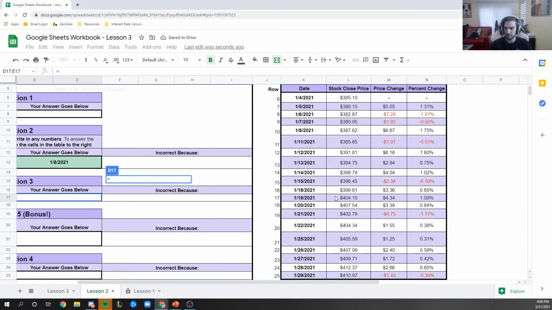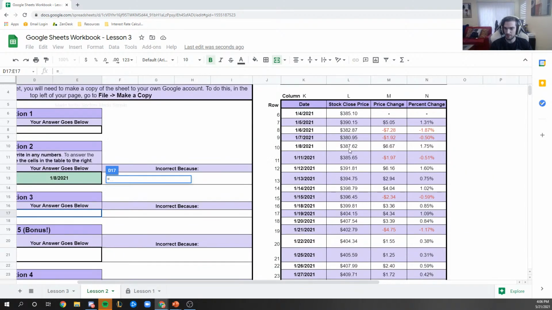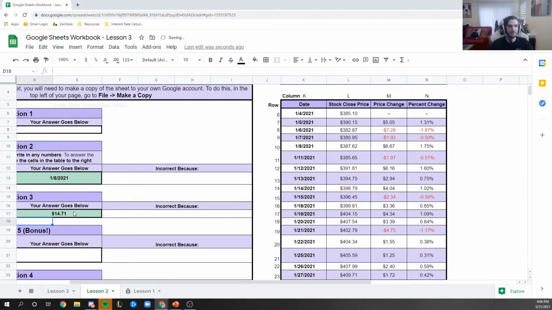We go over and we find L16, minus, we put our little dash so that we know we're doing subtraction, L6. L6 is right here. And that will give us the same answer.